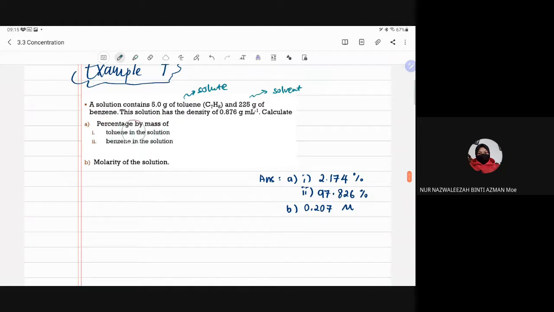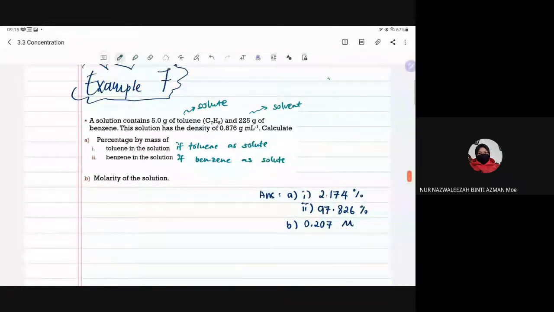Now, dia check percentage by mass. Senang je nak check percentage by mass. Mass of toluene bahagi mass of total. Okay. So ini kalau dia tengok if toluene as solute. So maksudnya dia dekat atas lah. Dia numerator dia. This is if benzene as solute. Okay.